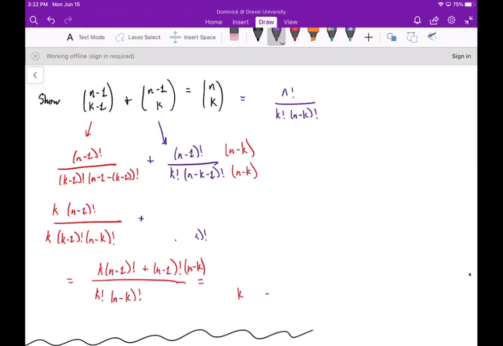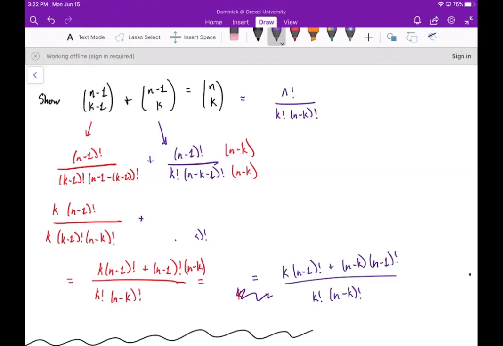So then, finally, we can say that this is equal to a k times an (n minus 1) factorial plus an (n minus k) times (n minus 1) factorial over k factorial (n minus k) factorial.